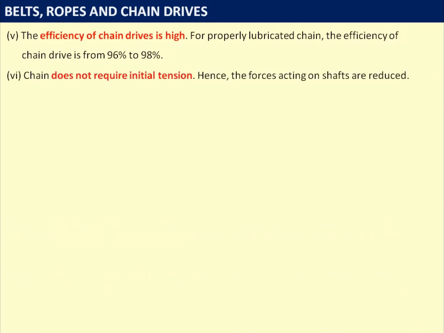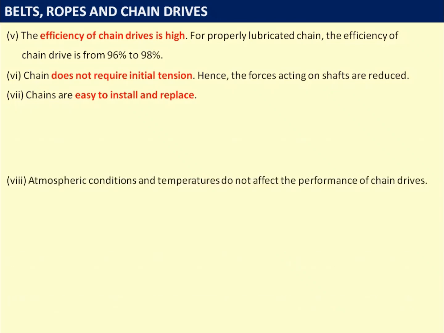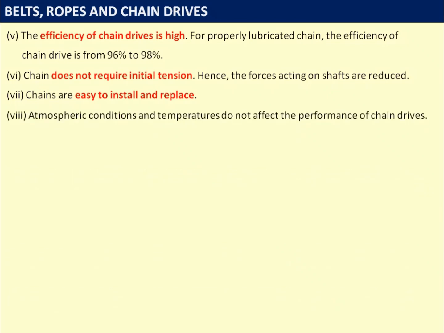Chain does not require initial tension as in the case of belt drives, hence the forces acting on shafts are reduced. Chains are easy to install and replace as compared to belt and gear drives. Atmospheric conditions and temperatures do not affect the performance of chain drives.